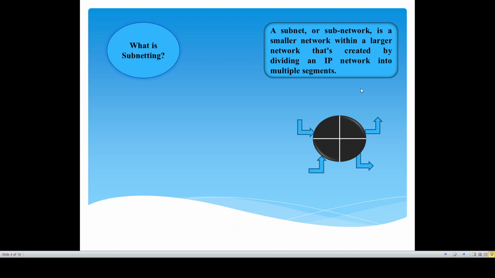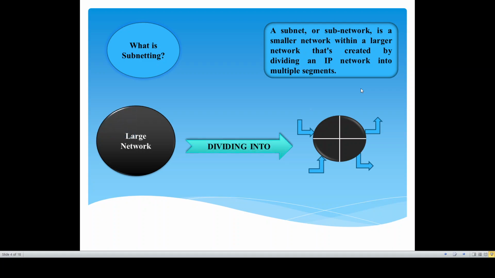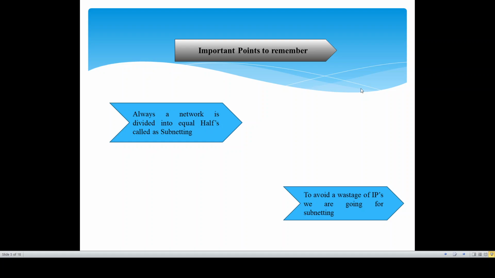Look into the diagram: a large network is divided into subnet 1, 2, 3 and 4 or many more. Dividing a large network into multiple networks gives multiple subnetworks. An important point to remember is that a network is divided into equal halves in subnetting. We go for subnetting to avoid the wastage of IPs.